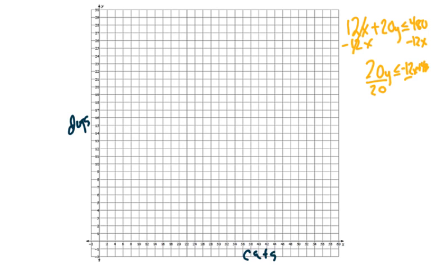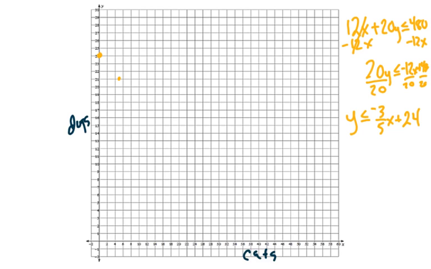Then I divide everything by 20. I'd get y is less than or equal to negative 6 over 10, divide by 2 again, so 3 over 5, x plus 480 divided by 20 would be 24. Which means I'd start up here at 24, and I would go down 3 for every 5 to the right.